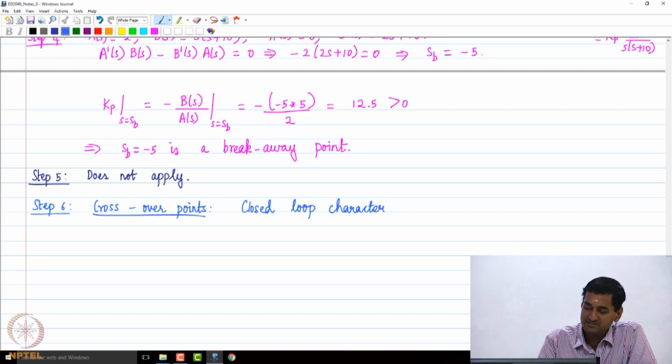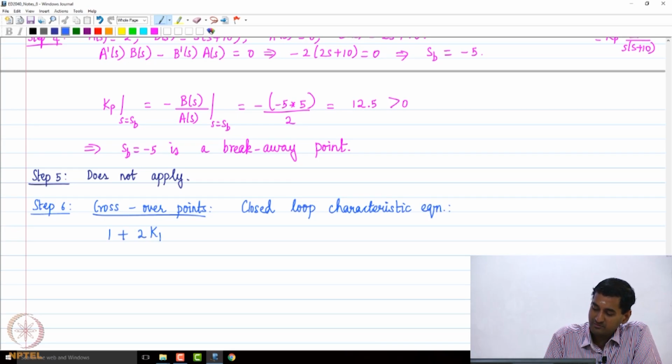It's going to be 1 + G(s)H(s) = 0. In this particular case, that's 1 + 2Kp / (s(s + 10)). Okay, so we are going to get s² + 10s + 2Kp = 0.